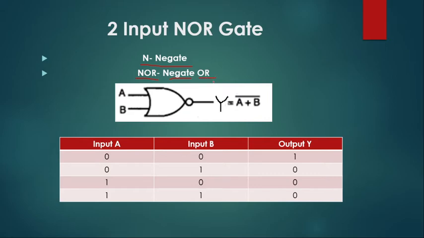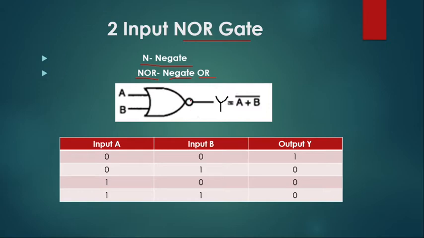OR means what? It means plus or sum of the inputs. So A plus B is your output for the OR gate. For the NOR gate, the output will be A plus B whole bar, and the symbol is represented like this.